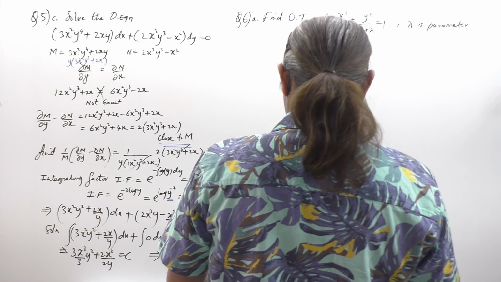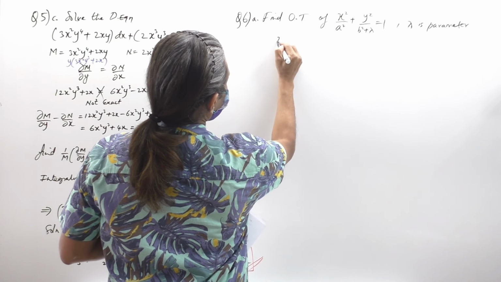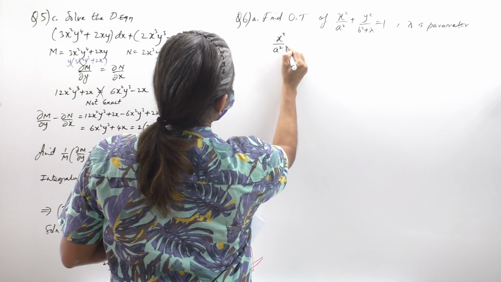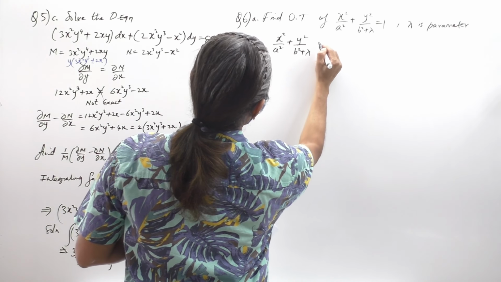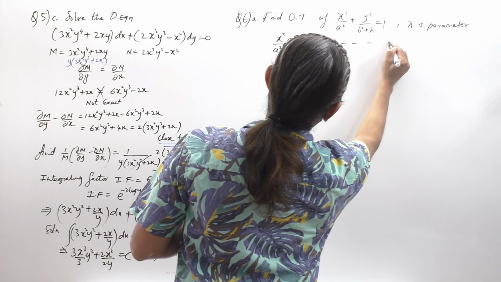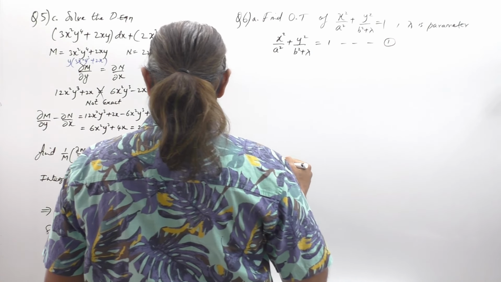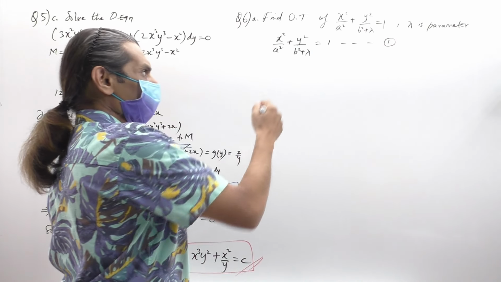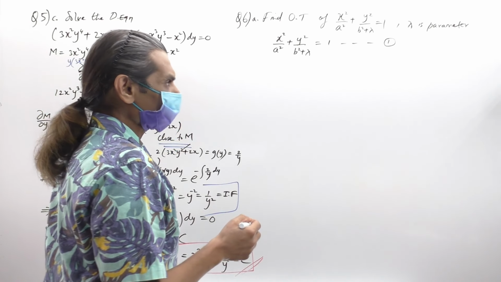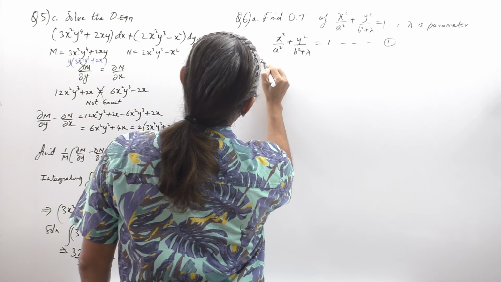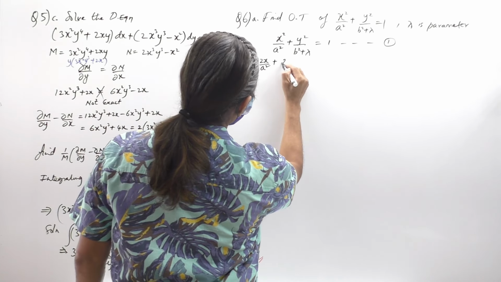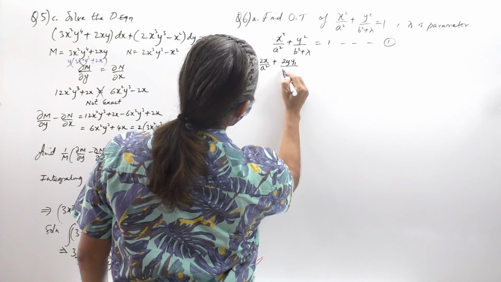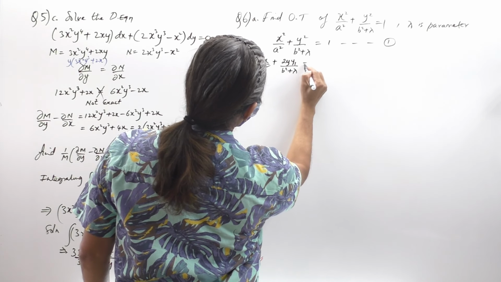So let's see how I can solve this question now. So we have the problem here. Let's take it as x square by a square plus y square by b square plus lambda is equal to 1. So I'll take this as one. Okay, now let's differentiate this. So first thing is to differentiate to remove lambda if possible. 2x by a square plus differentiation of y square, I write 2y into y1 by b square plus lambda, is equal to 0.